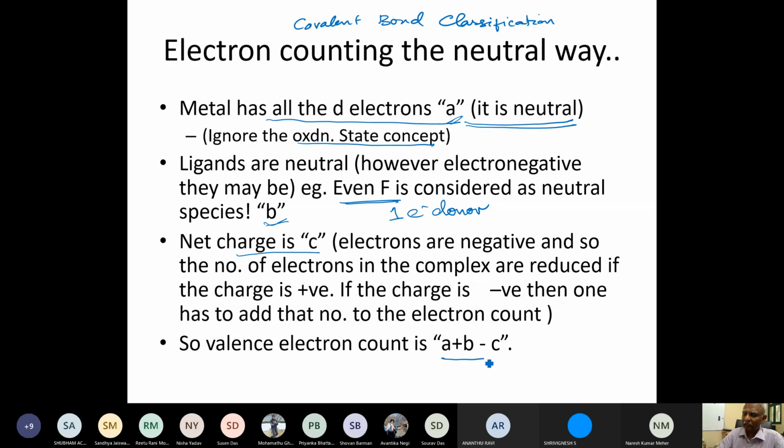So A plus B minus C is the total valence electron count. When you have a positive charge, you have to subtract. That is why this minus sign is coming. If you have a negative charge, then you add that number of electrons.